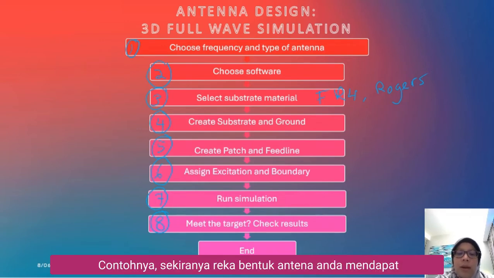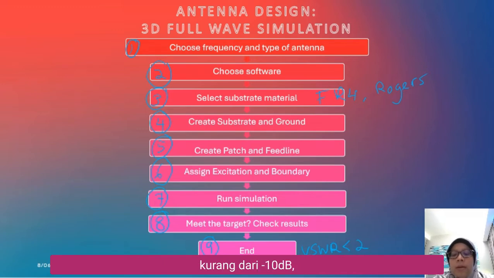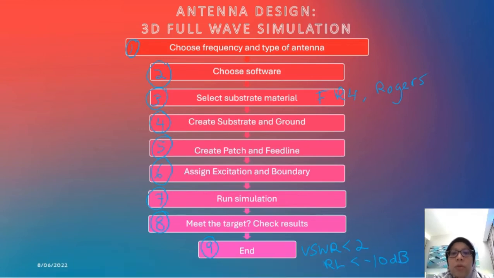And after that, if you already meet the target, for example, your antenna has a VSWR which is less than 2 and the return loss is less than minus 10 dB, then your antenna is ready to use or ready to go for fabrication.